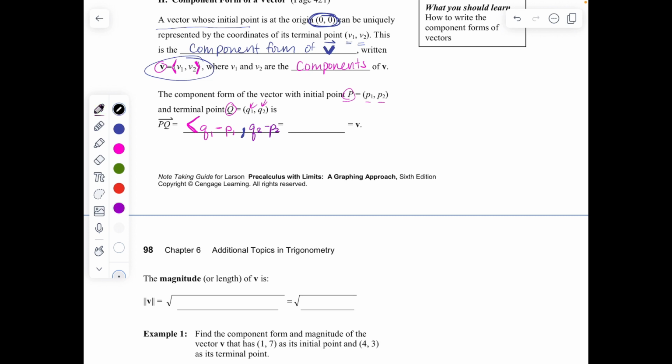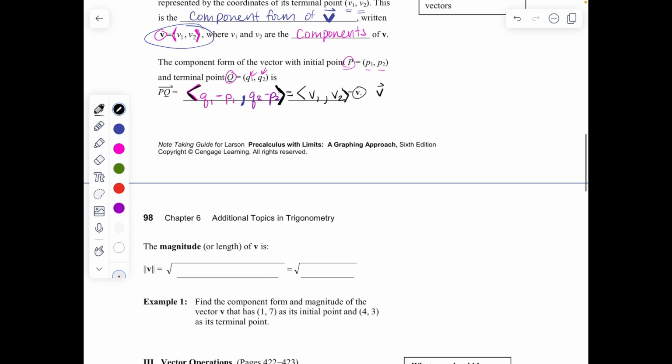We close that with the angled component form parentheses, and we say that is V1, V2, which equals vector V. This is bolded in type, and if we were to handwrite that, we would write it like this.